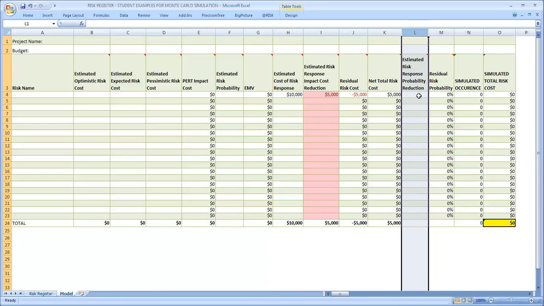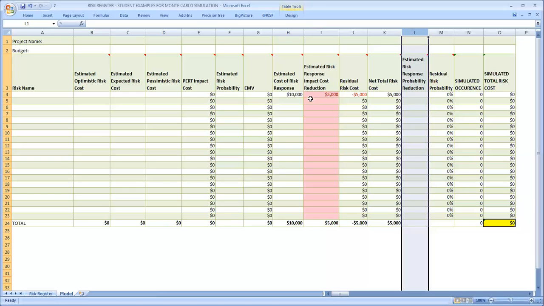So mitigating the probability and not the impact. And as we know, some risk responses will not reduce the probability, will not mitigate the probability. Some risk responses will only mitigate the impact, whereas other risk responses will not mitigate the impact, they will only reduce the probability. And other risk responses will do both.